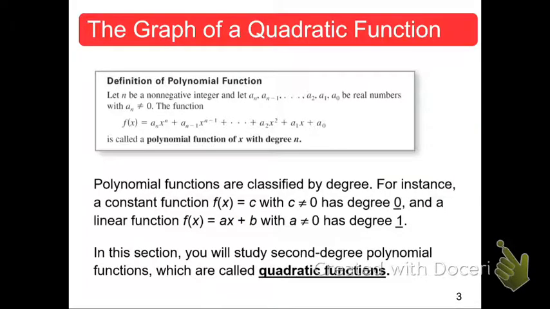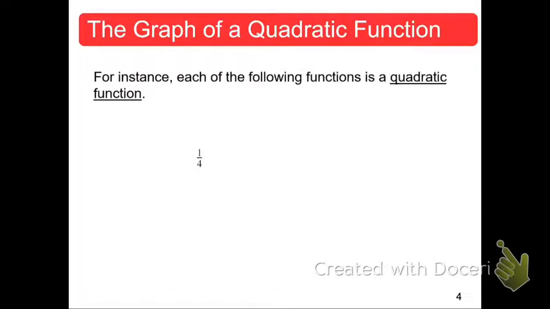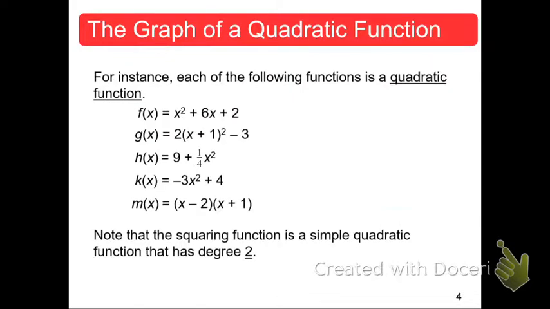In this section, we're going to focus on what we call second degree polynomials. Second degree polynomials we're going to call quadratic functions. So here are some different examples of quadratic functions. This is the standard one we see often, x squared plus 6x plus 2, but it might not be expanded.